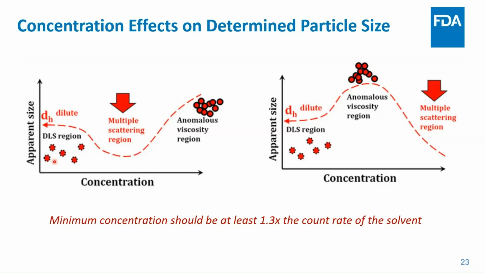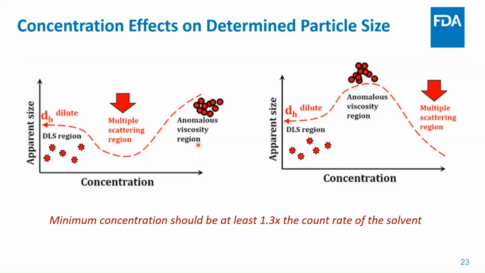And so depending on the type of analyte, and of course, if there are viscosity modifiers in the sample, other polymeric excipients to help with stability, one of these two figures may be true, where you actually see the multiple scattering region first, where you've hit so many analytes in the system that you start to see multiple scattering before you see anomalous viscosity or particle interactions.